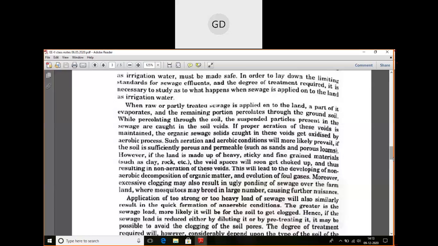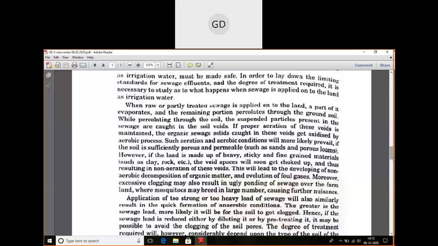But what happens if the soil is very heavy and sticky, like clay or rock? The void spaces in that case get filled up or choked up, and that results in non-aeration of the soil voids. This will lead to anaerobic decomposition of organic matter.